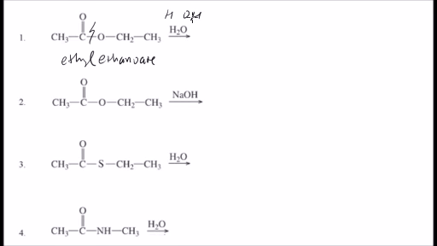And on the carbonyl side, we're going to see the OH bond, so we're going to form a carboxylic acid. And on the opposite side, we're going to have the hydrogen react with that oxygen right there, forming an alcohol.